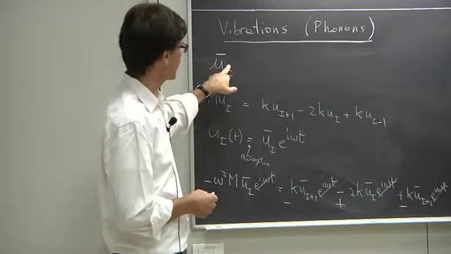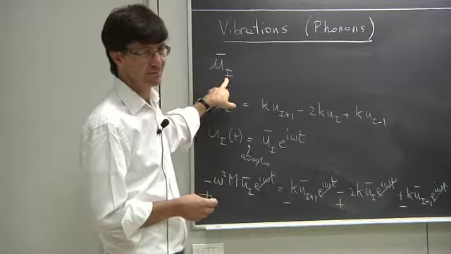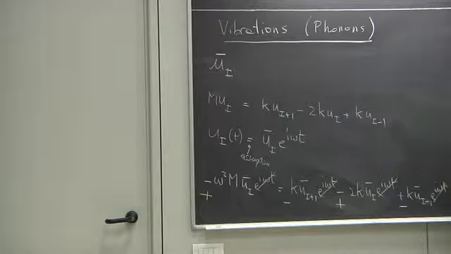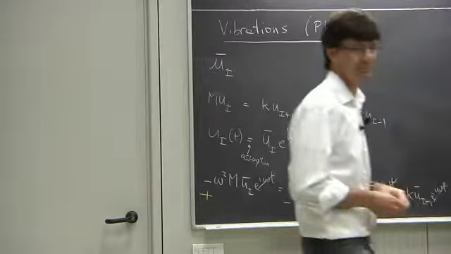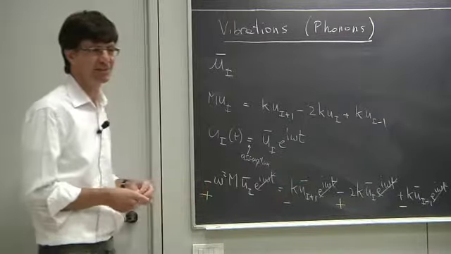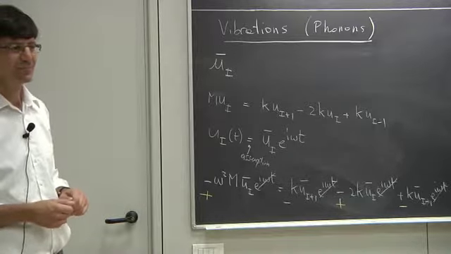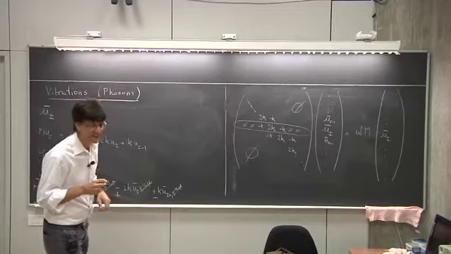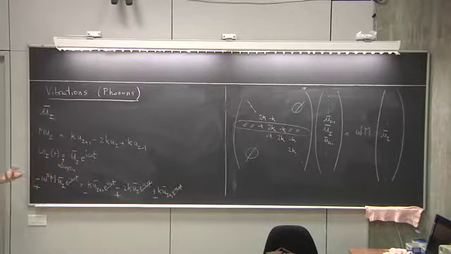We have to find an expression as a function of i. We have to specify what is u bar for different i's. We gave an answer, right? We tried the solution of a given type.